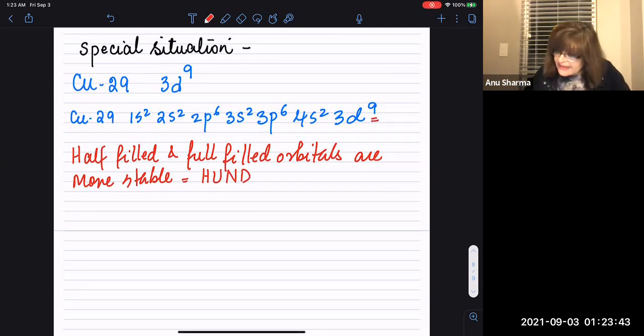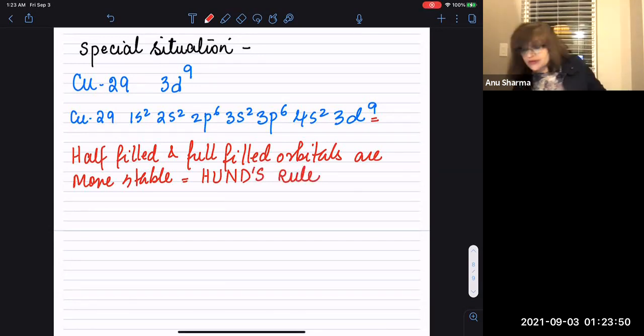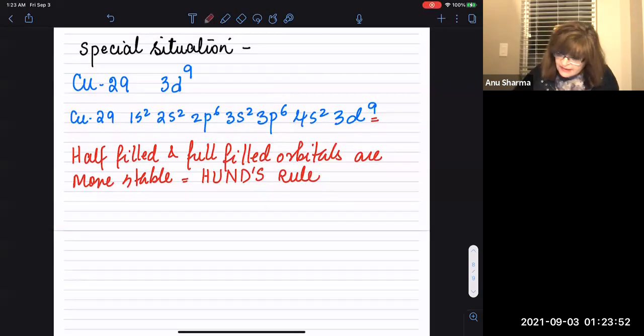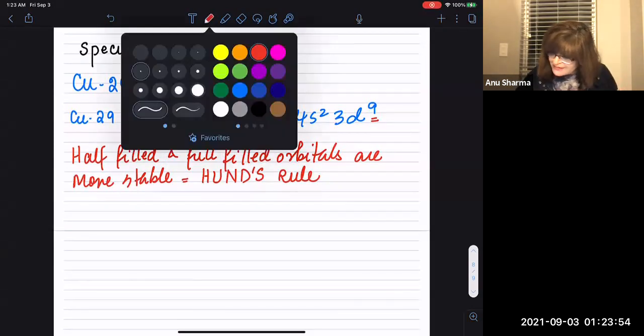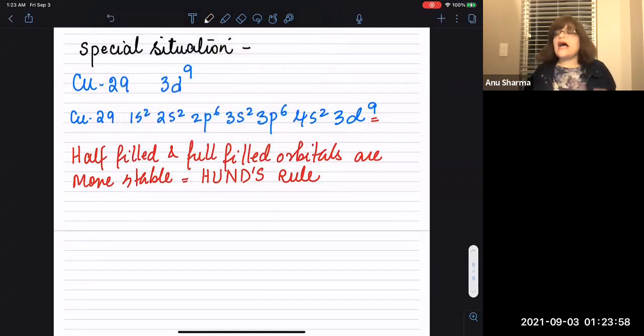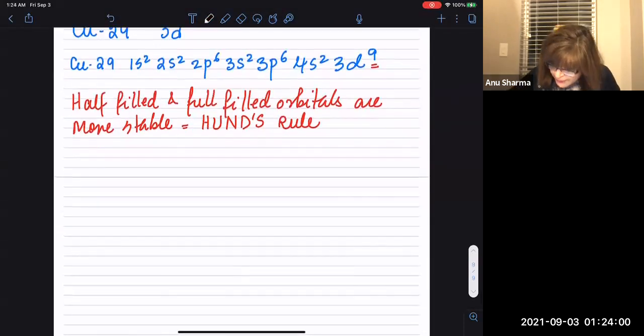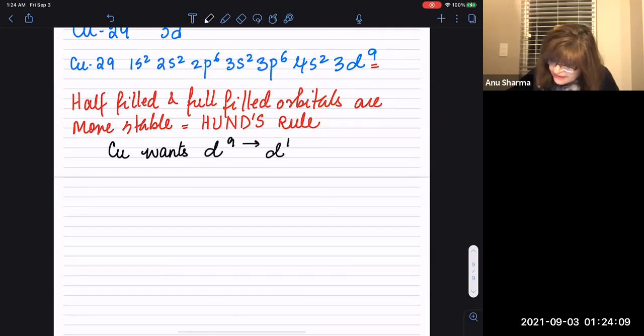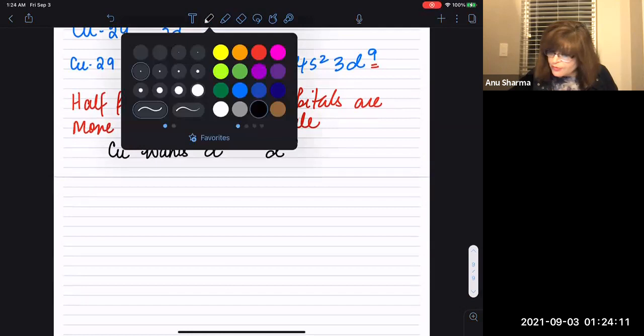So in that case, the copper would want to have D10. So then it's a very happy boy.